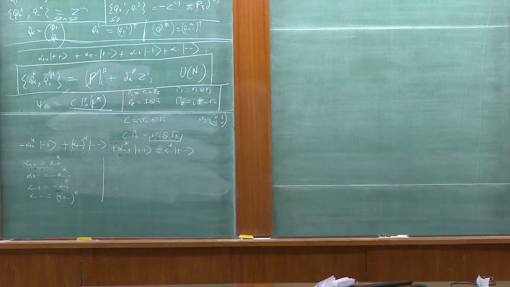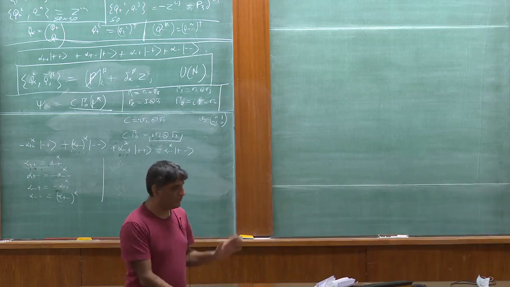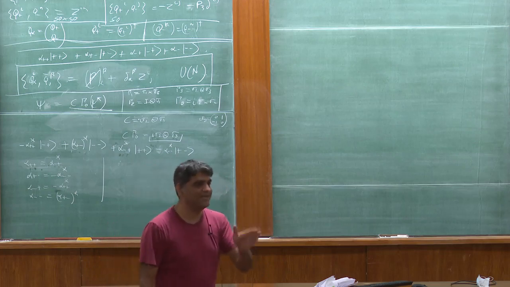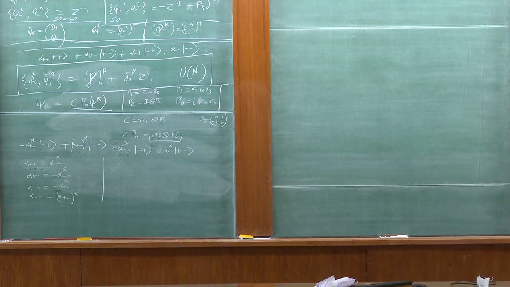The reason it was always guaranteed to work is this sign doesn't work out. Let's multiply it by gamma 5. I'll just change C to be C with an extra factor of gamma 5. What is the point? The point is that gamma 5 acting on a chiral spinor is a plus, but gamma 5 acting on an anti-chiral spinor is a minus. So then half of these equations will change sign.